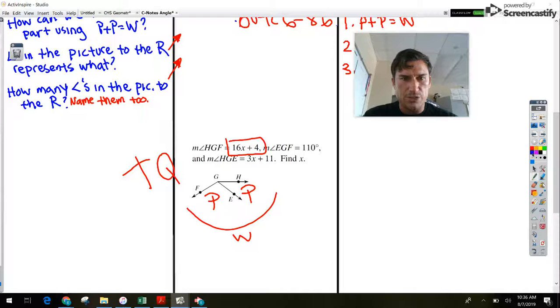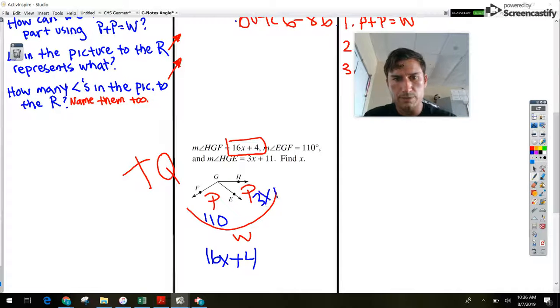So we have HGF. HGF is the whole, and so that's 16x plus 4. EGF is 110. And then HGE is 3x plus 11. So now we can do step 1.